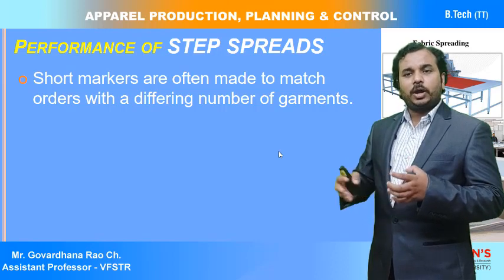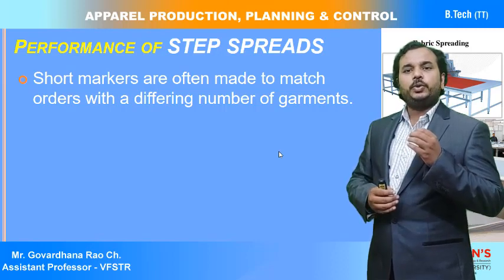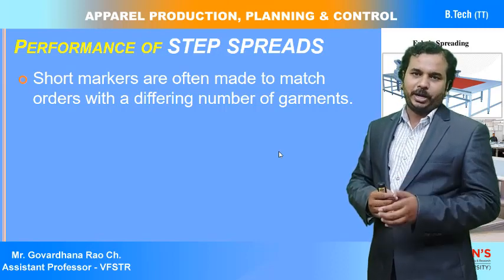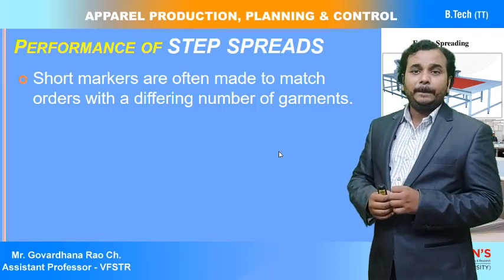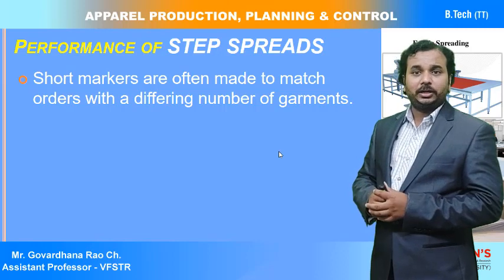So you have to prepare a marker separately for the equal order quantities and the lesser ordered quantity. Why?